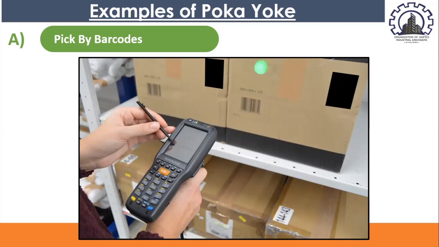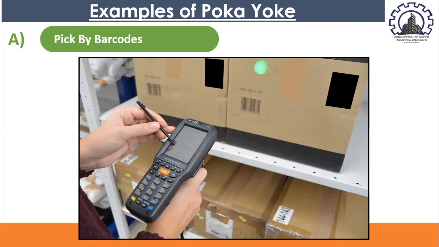Now, as you can notice in our example, the operator uses the device to scan the barcode on the storage box, and the terminal provides them with information regarding the desired quantity. So the barcode scanner and terminal are either handheld, secured around the lower arm, or truck mounted.